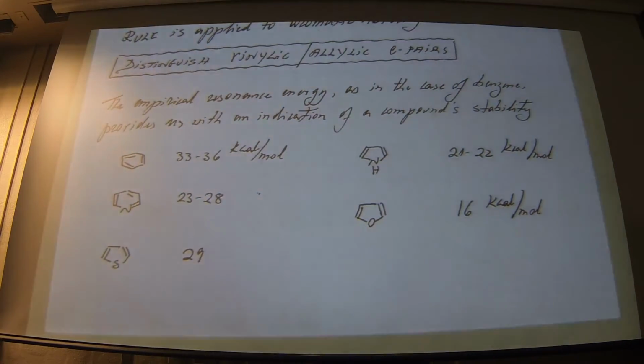So the resonance energy of aromatic heterocycles is typically less than the resonance energy of benzene, and the minimum you find at furan. So once you go to furan, you only have 16 kcals per mole, and that's reflected in the reactivity of furan, which reacts very often like a conjugated diene.